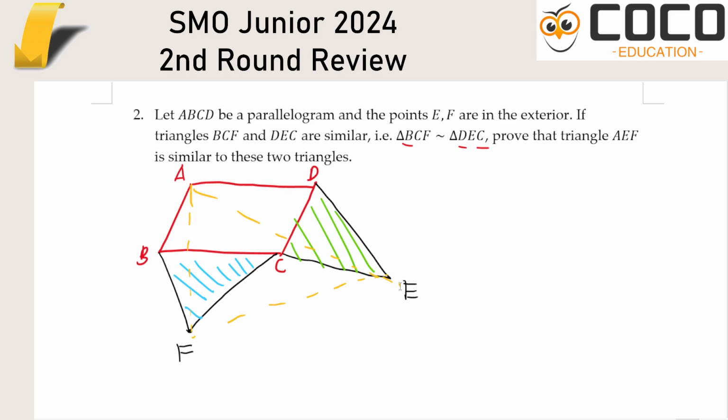So AEF is supposed to be similar to both BCF and DCE. Of course, you only really need to show one of them, right? Because if they are already similar, I only need to show AEF is similar to the first one, and then by default, it would be similar to the second one. There isn't really a better pair to use, so I'm just going to use BCF as my focus.